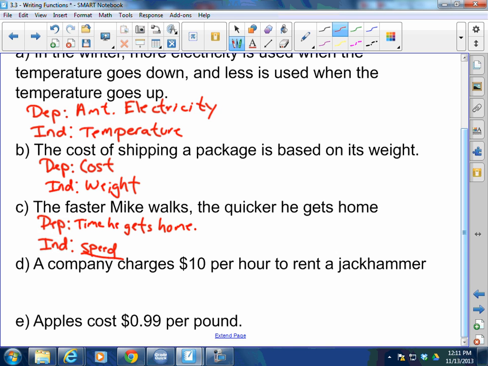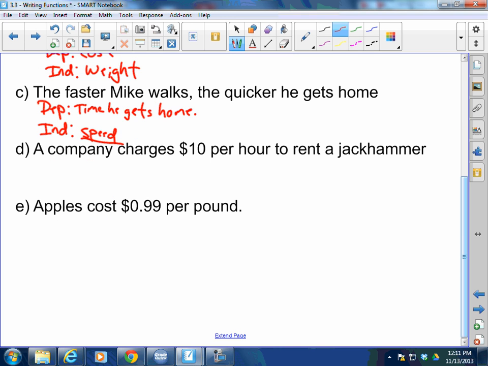A company charges $10 per hour to rent a jackhammer. What's my dependent? What's my independent? Independent is the number of hours. Very excellent. The dependent is the cost. Absolutely. If I rent it for 10 hours, it's $100.